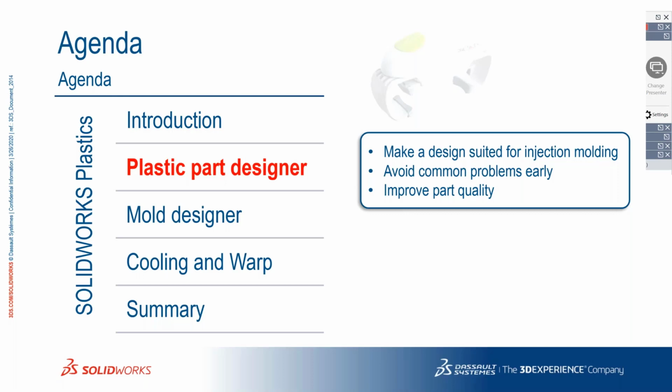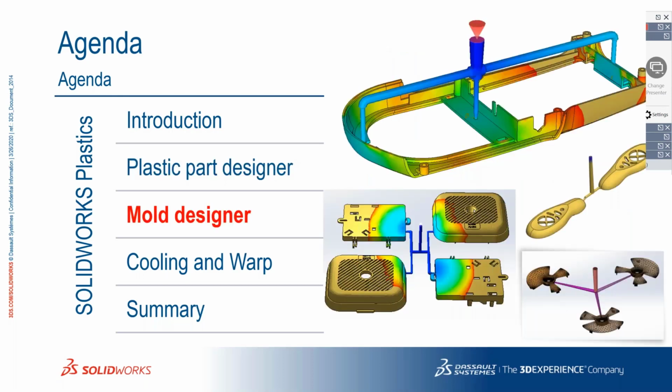Let us go on to see the mold designer aspect. It's not just sufficient for a mold designer to look at how the part fills, whether there is a weld line or so on, but there are so many other aspects which have to be considered, such as runner balancing, runner layouts, and family molds.